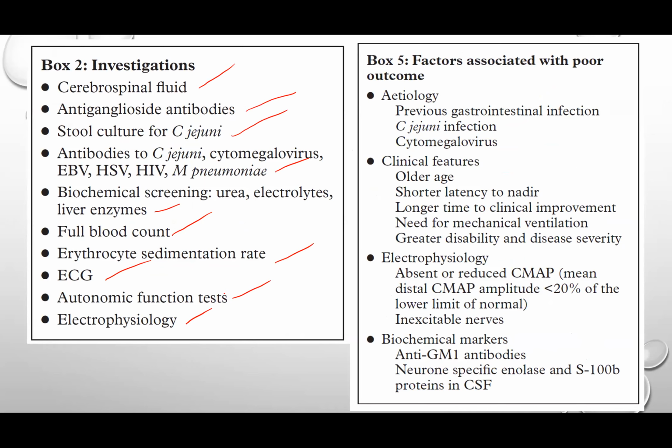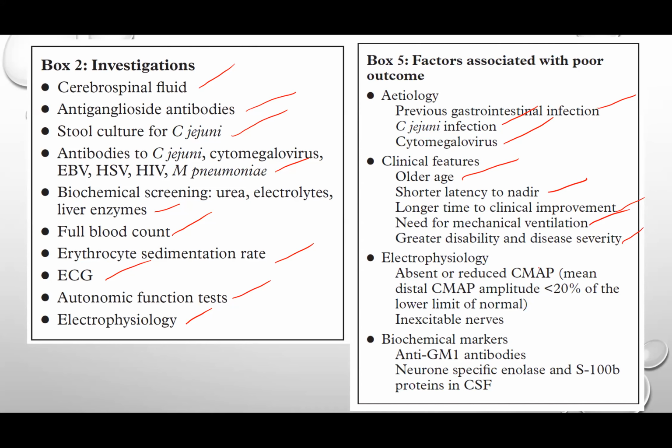You said three things there: one, the age; two, Campylobacter; and three, the motor neuropathy. Here: Campylobacter, previous GE infection, cytomegalovirus, older age, short latency to nadir, that is, the disease is progressing very quickly. Longer time to clinical improvement, persons needing mechanical ventilation, greater disability and disease severity.